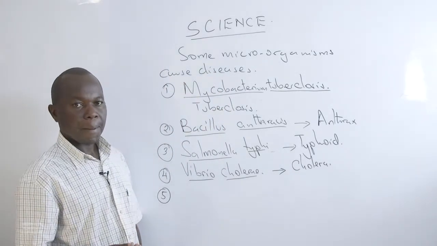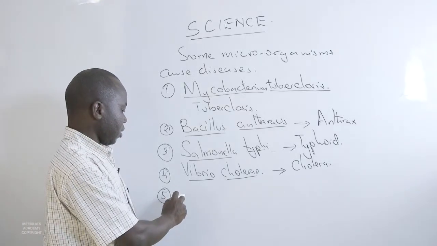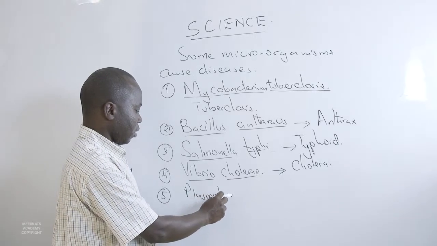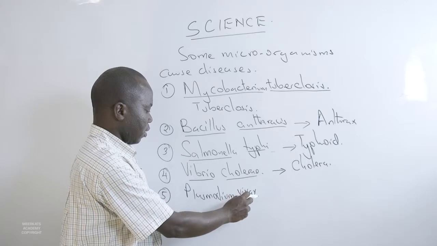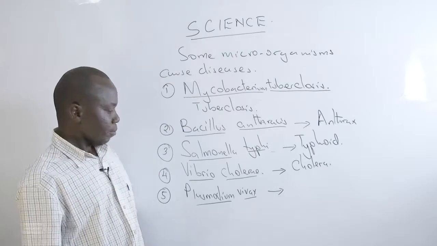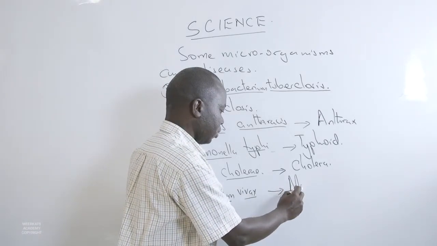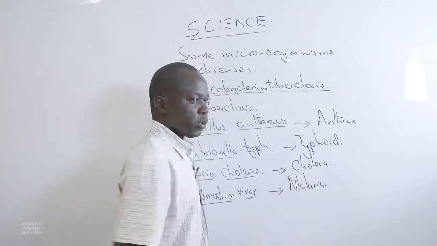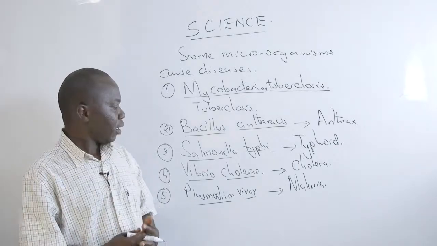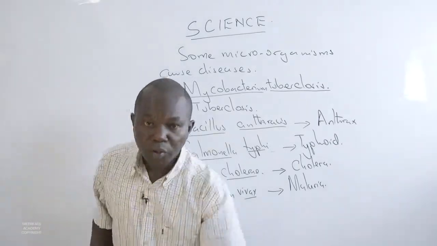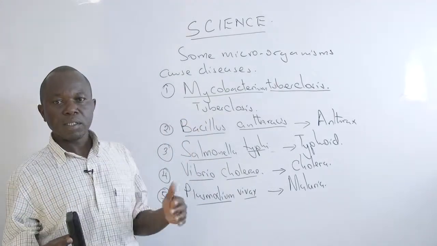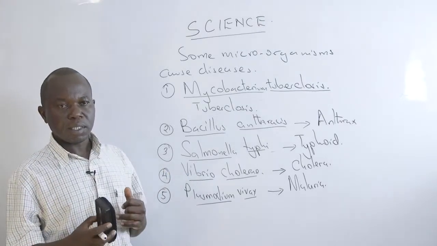If we look at parasitic microorganisms like Plasmodium vivax, it causes a disease called malaria. So we can go on and on to give several other examples. From your internet and library, you can find several other microorganisms and the type of disease they cause.